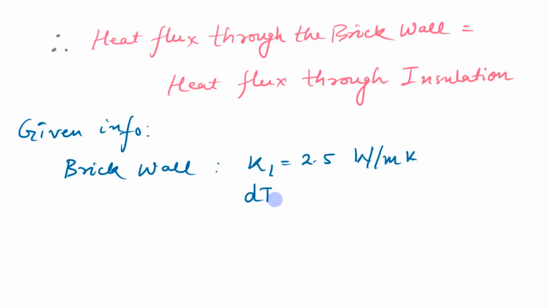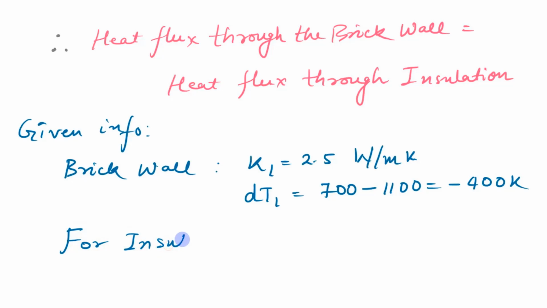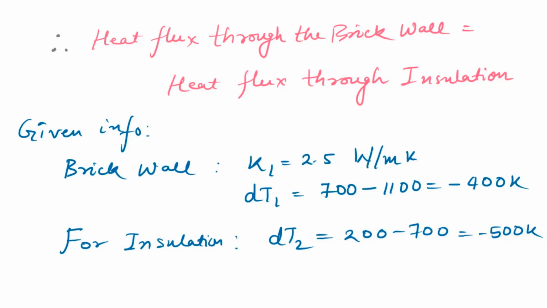Change in temperature dT1 is also given, 700 minus 1100, that is equal to minus 400 Kelvin. For insulation, dT2 will be equal to 200 minus 700, that's given in the problem. This is equal to minus 500 Kelvin.